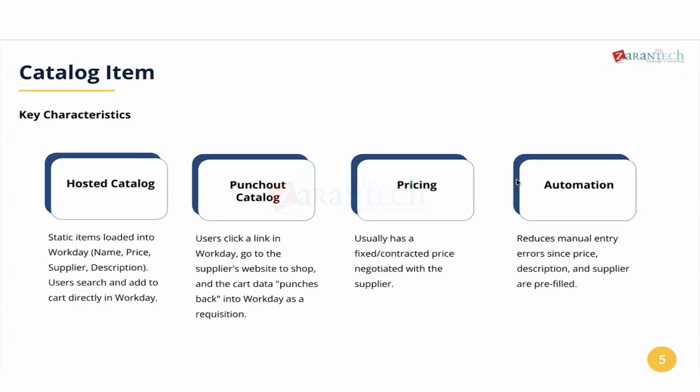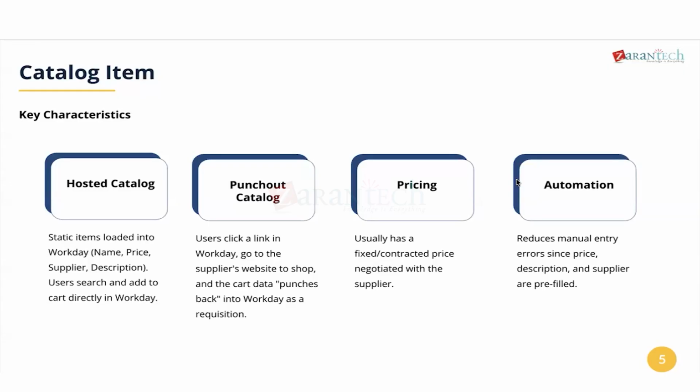Once in punch out they have selected the items and added them into the cart, the user can create the requisition from Workday. There are APIs involved which send the message that so and so items are added and would be available in Workday, from where you can create the requisition.